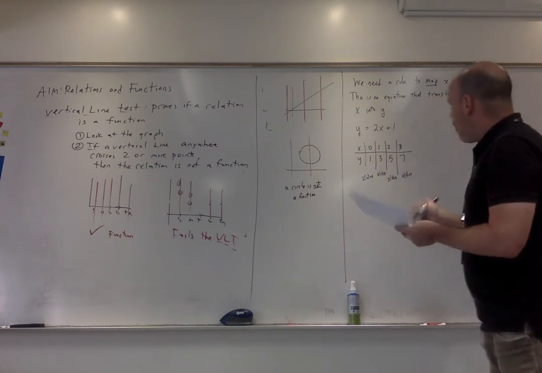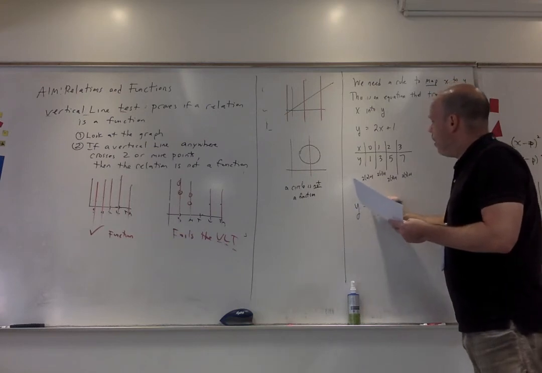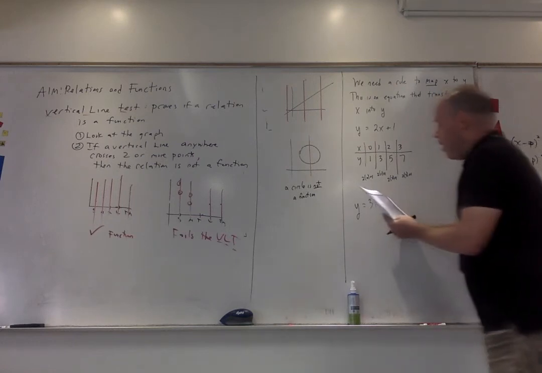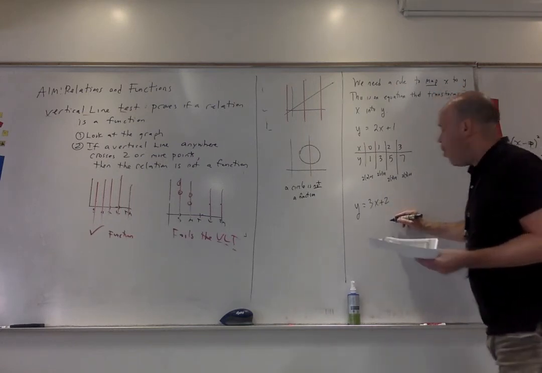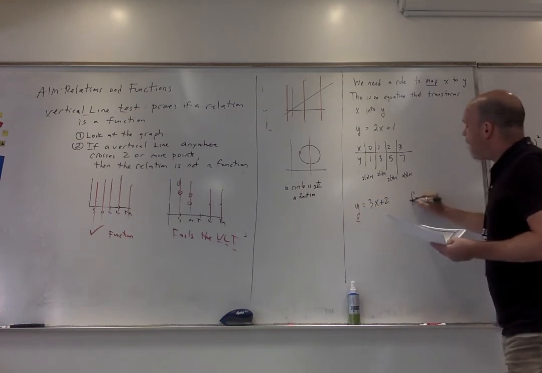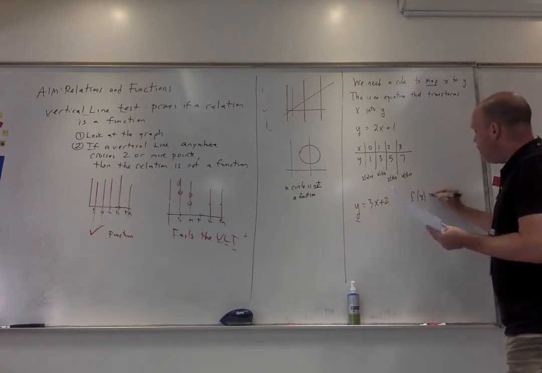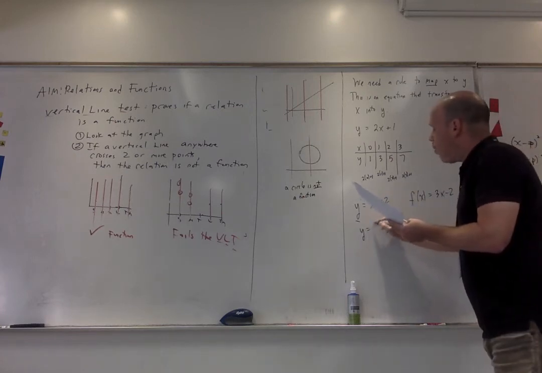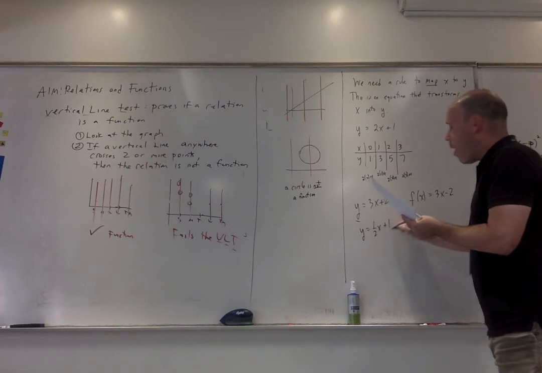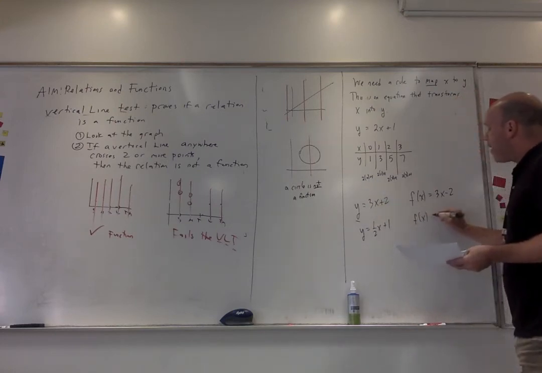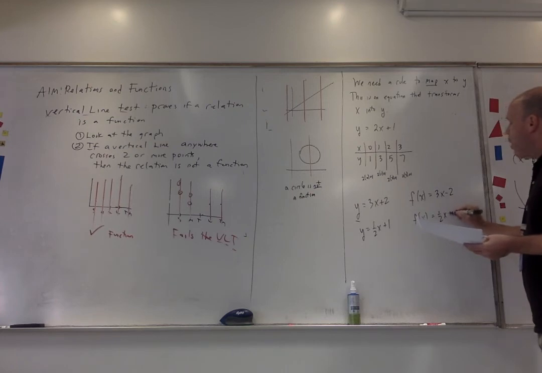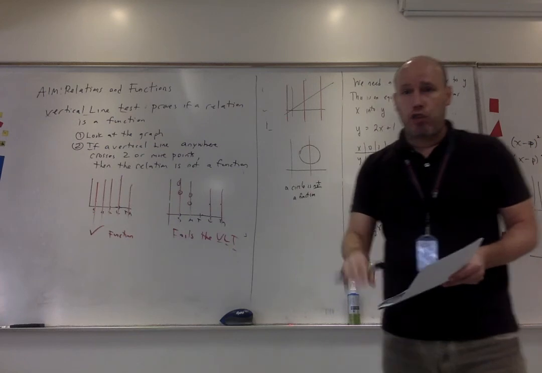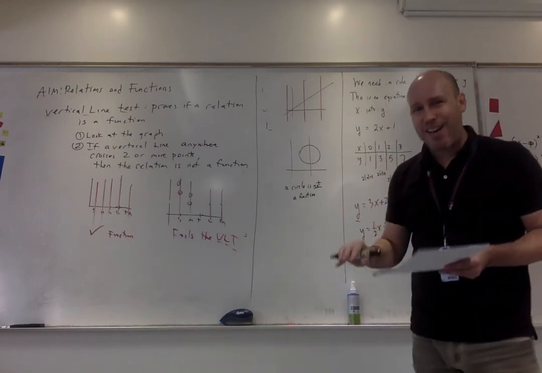Now, you might see this, but I'm going to change the notation. Instead of y, we're going to now use f of x. And instead of y equals 2x plus 1, we're going to use this notation, f of x equals 2x plus 1. This is not f times x. It is not that. It's just the rule that transforms x into y.